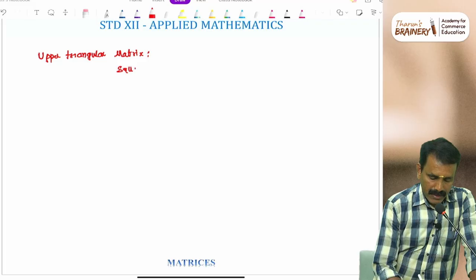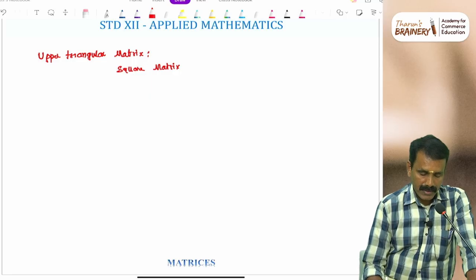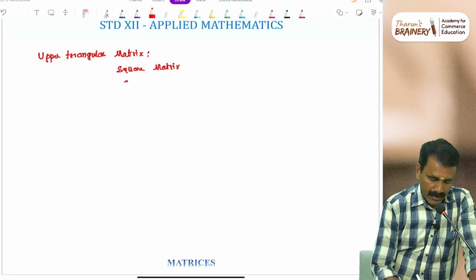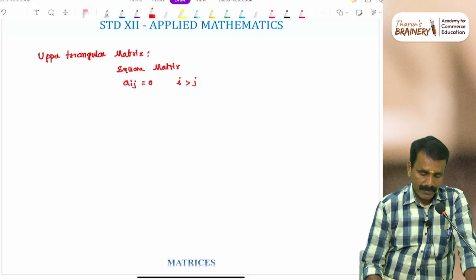It should be a square matrix in which Aij should be equal to 0 for i greater than j.